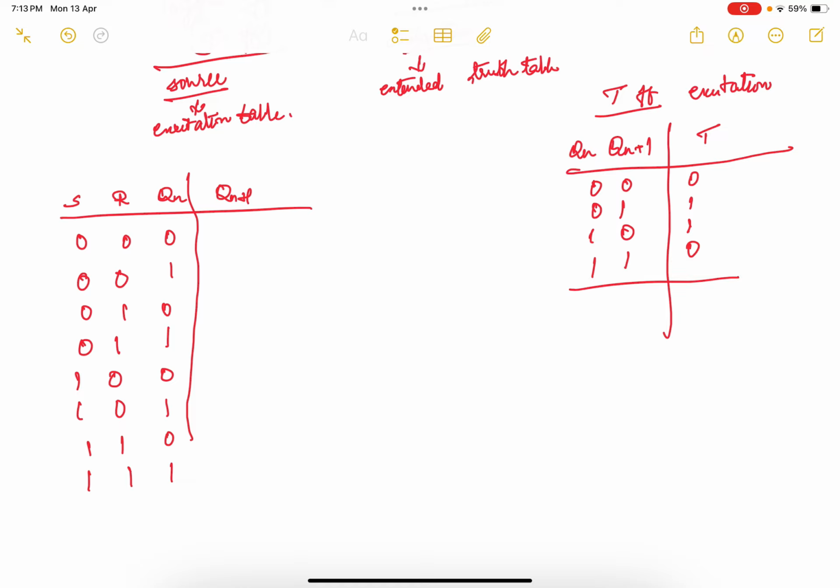Okay, so now we will be writing the extended truth table for this.